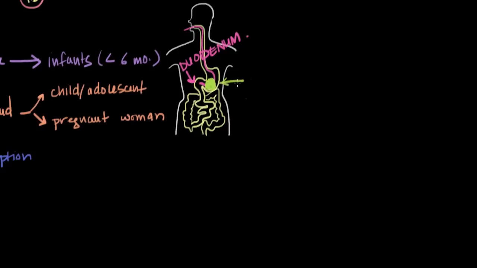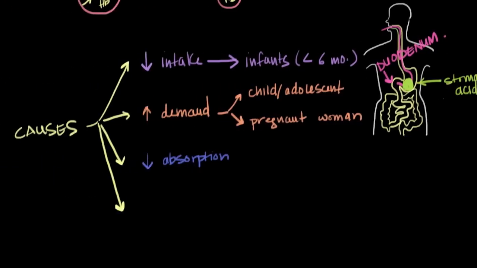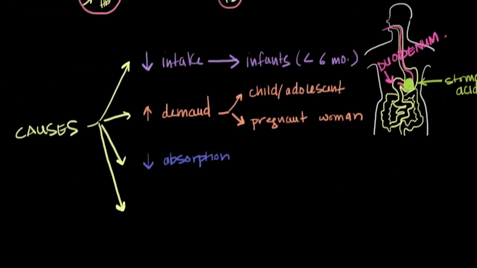Contains lots of stomach acid. And the stomach acid is essential for converting the iron that you take in through your diet into a form that's more easily absorbed through the duodenum. It's really important for serving that function. So going back to this diagram that we're making over here, there are really two ways that you could end up with a problem in the absorption of iron.